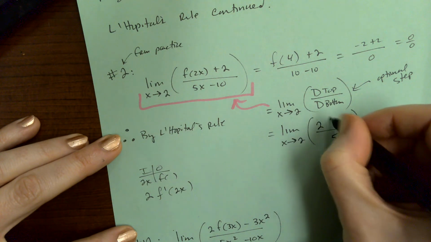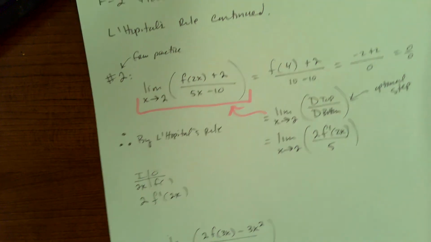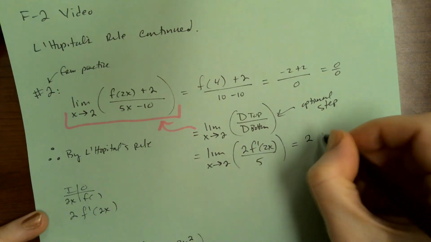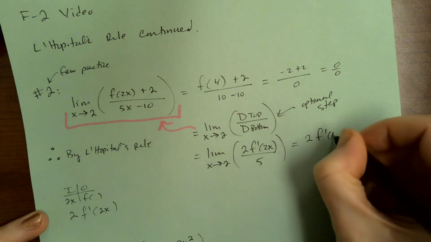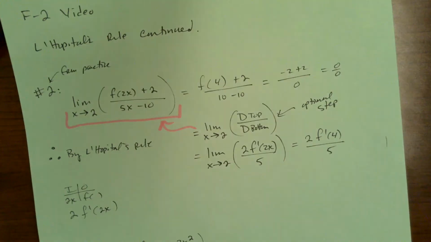So 2 f prime of 2x. All right, and then you try direct substitution again. So this is 2 f prime of 4 over 5. Okay, looks like it's gonna work.